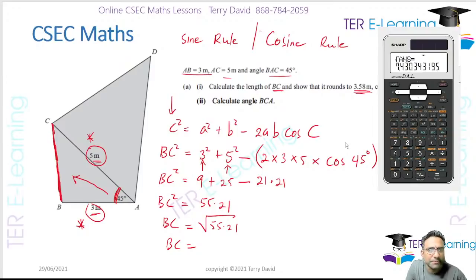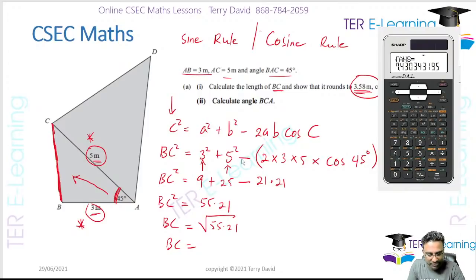Calculate the length BC, because they're saying that BC is 3.58. Let me just make sure I didn't make a mistake. So that's 3 squared. Hold on. Alright, so I have a mistake somewhere here.